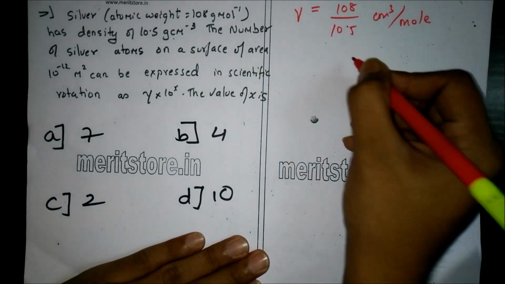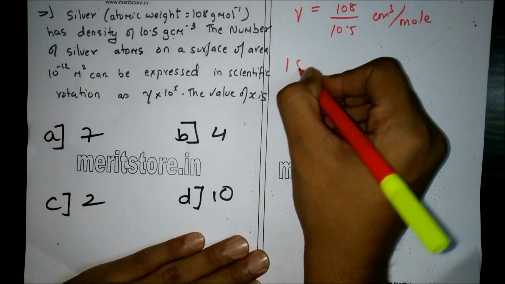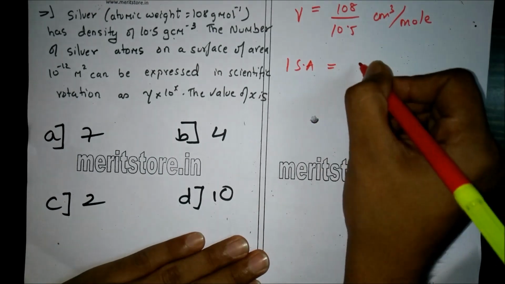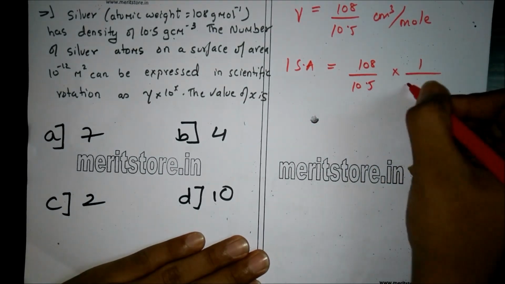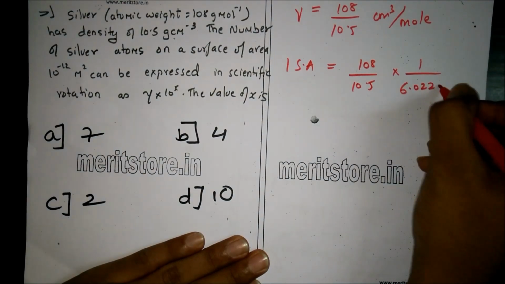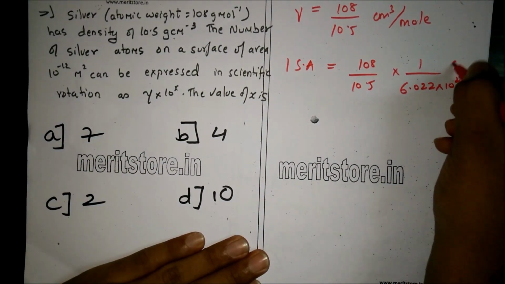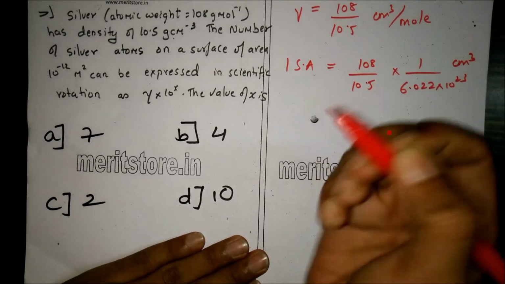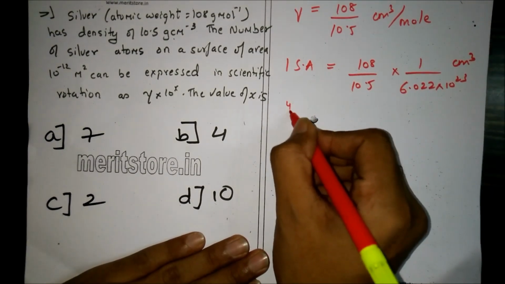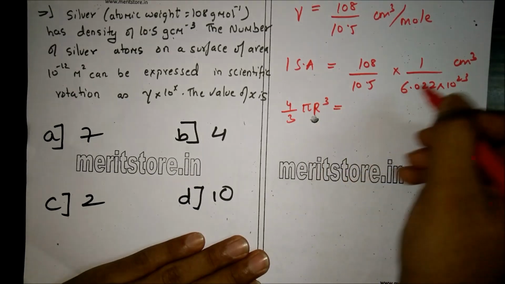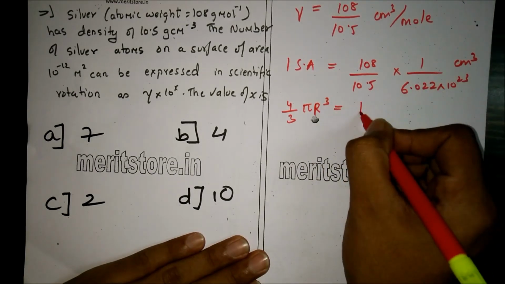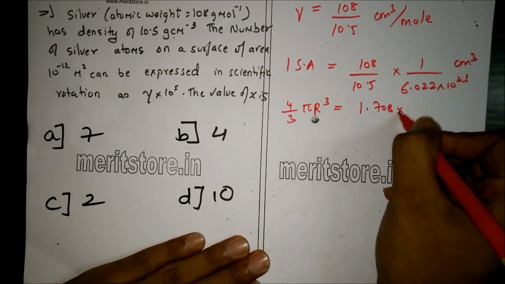Therefore, the volume of one silver atom will be 108 upon 10.5 into 1 upon 6.022 into 10 raised to 23 centimeter cube. Now the formula for volume is 4 by 3 pi r cube. On calculating, we get 1.708 into 10 raised to minus 23.